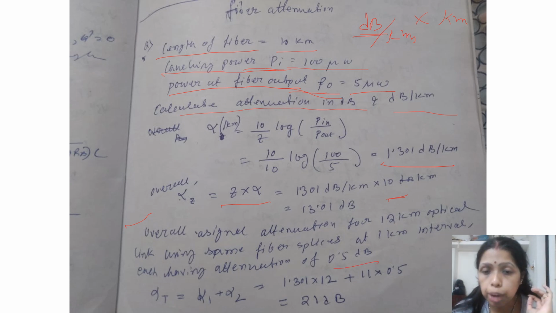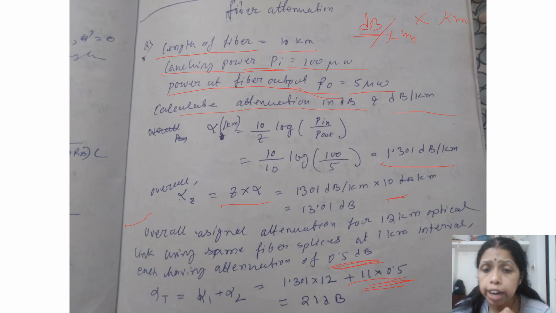It has 0.5 dB. If a total of 11 splices are there, what is the attenuation for the splicers? 11 into 0.5, right? Because you need 11 splicers, and each individual splicer has 0.5 dB. If you want to calculate the total attenuation, you need to consider the attenuation per kilometer for a particular fiber and the attenuation of the splicers, because the splicers are also required.